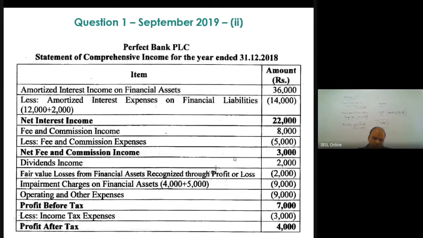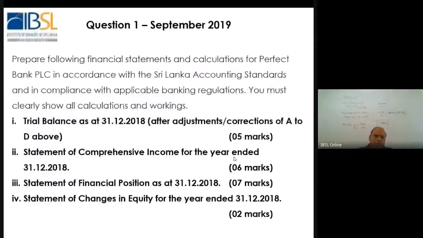So before you go to the exam, you can attempt maybe the last 3 papers, because that will give you some idea. Prior to that, the papers will be under the previous accounting standards, LKAS 32 and 39. So I would not advise you to go through those for this exam, because subsequent to the first standard, SLFRS 9 came in.